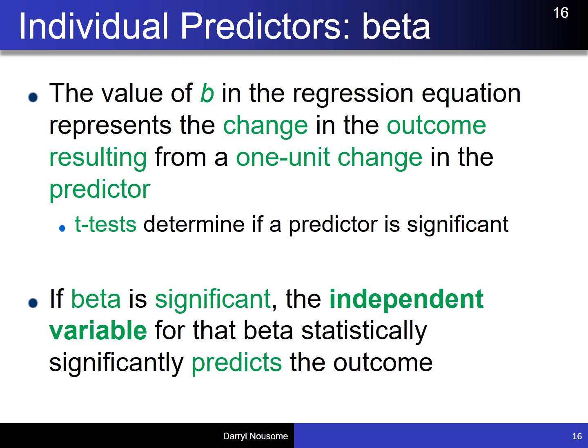So first we had our F table to determine if the overall model was significant, but in our beta table, we can look and see whether each individual predictor is significant. Okay, so if that beta is significant, the independent variable for that beta statistically significantly predicts the outcome. I hope you understand the difference between the two.